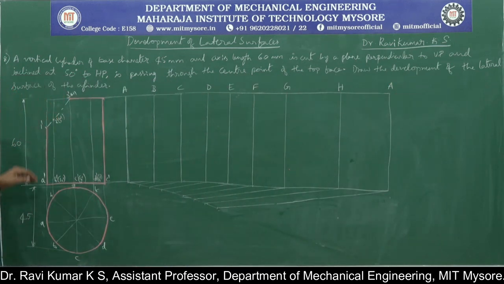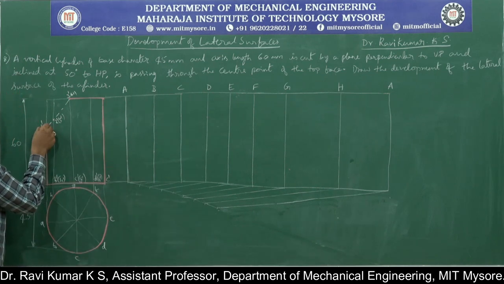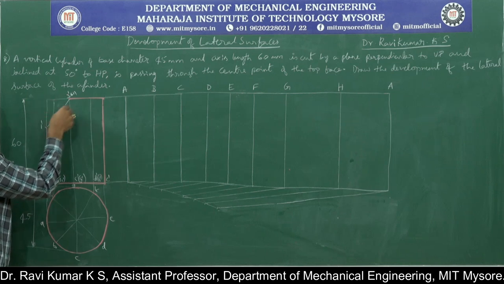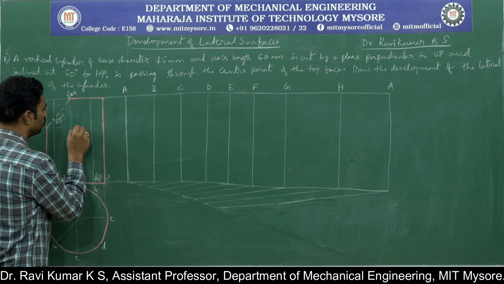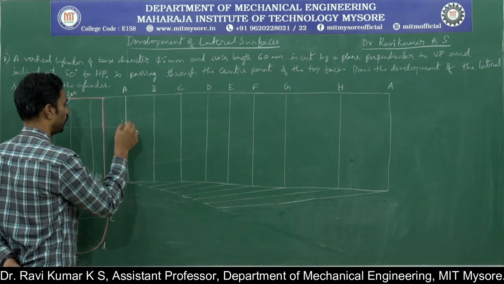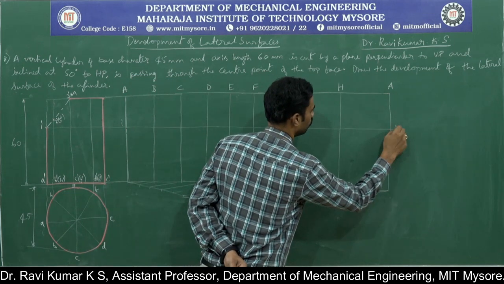Now just try to transfer the distance. 1 dash is the point where the section plane cuts the lateral edge A. So transfer this 1 dash here. Similarly, A dash is here also, 1 dash.